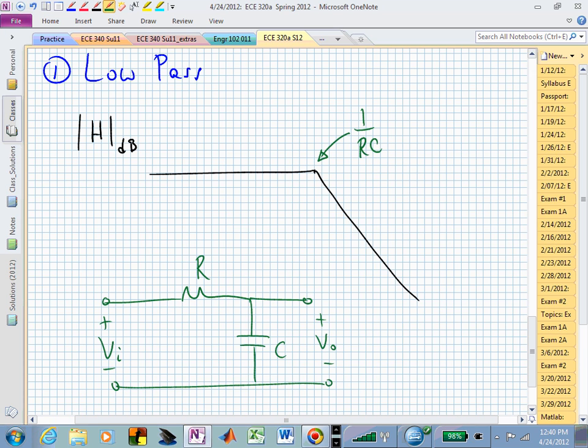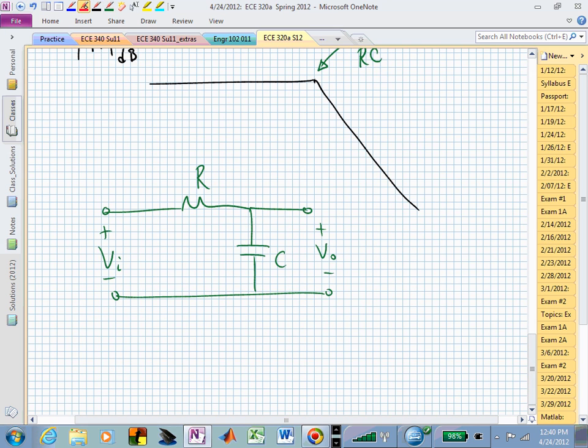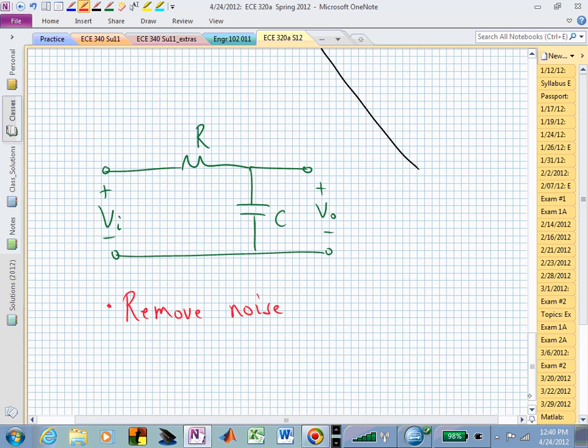This is a first order low pass filter, and we may want to have a low pass filter if we had high frequency noise. We could help remove that or reduce the impact of that noise.